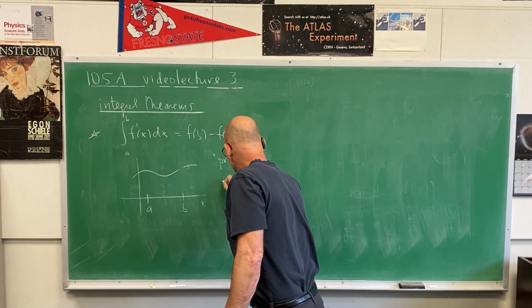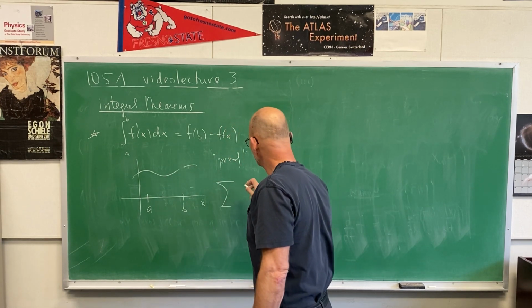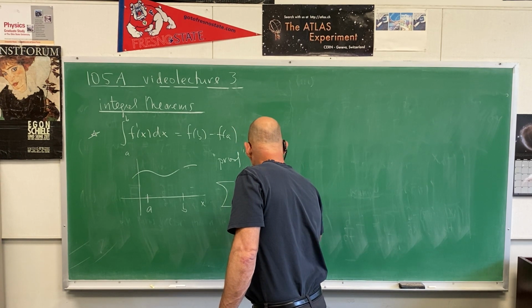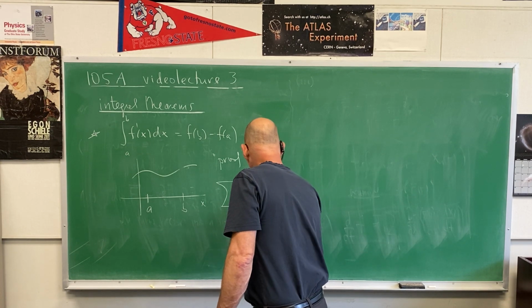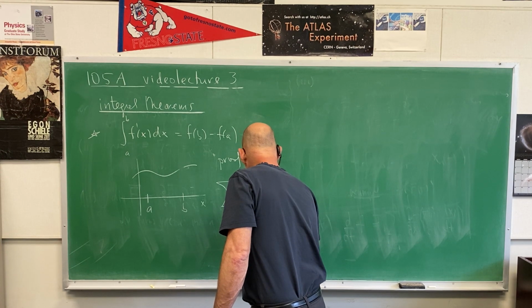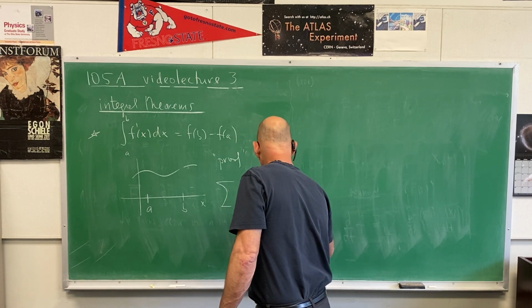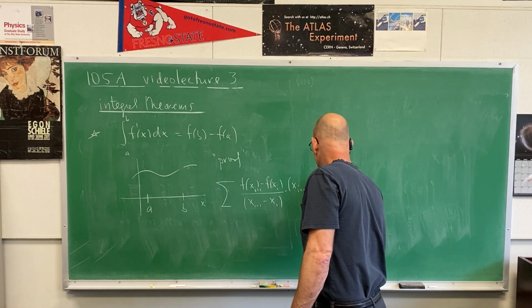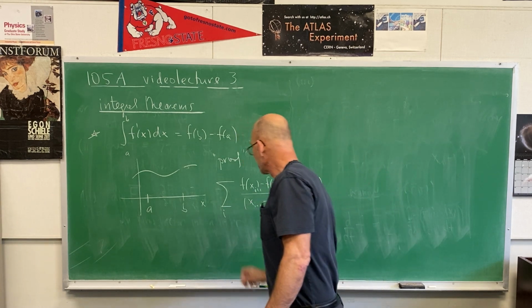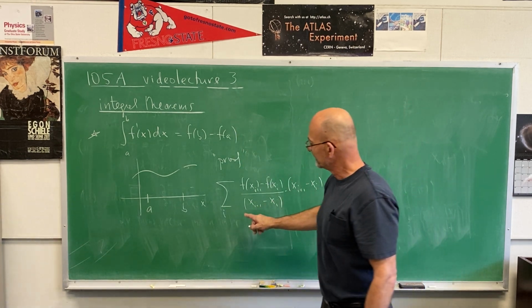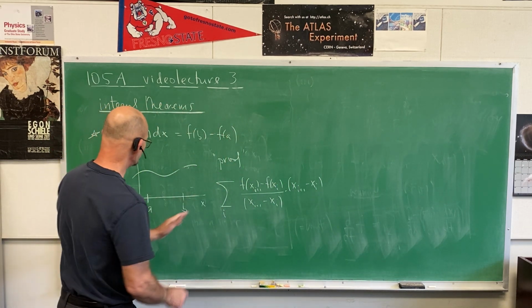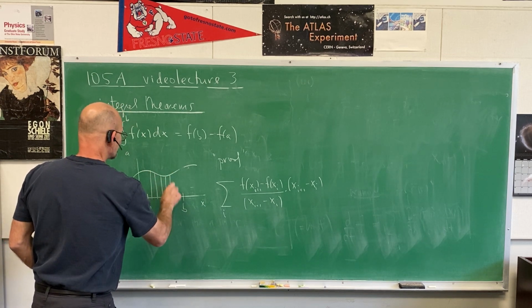Over here, very loosely, I have a derivative, so I have f of x_{i+1} minus f of x_i divided by x_{i+1} minus x_i. So you can see x_{i+1} minus x_i equals whatever, okay? We're going from a to b, and we've broken this up into enough of these. Yeah, so we're looking at a Riemann sum.